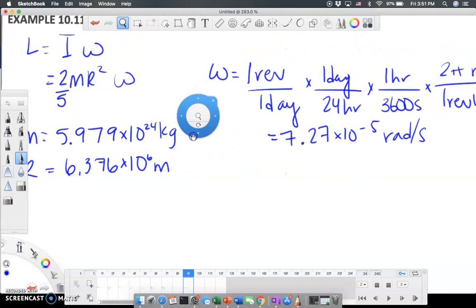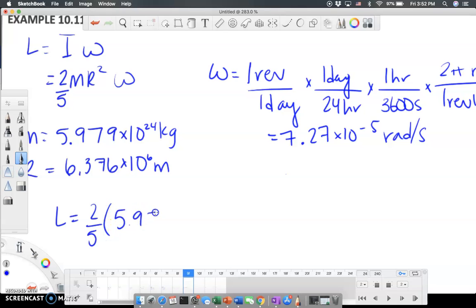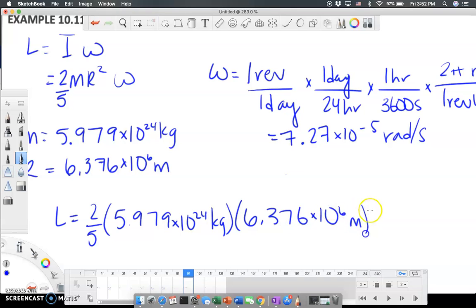So I can just go ahead and plug all of that into my equation here. So L equals 2 over 5 times my mass times my radius squared times omega. Okay.